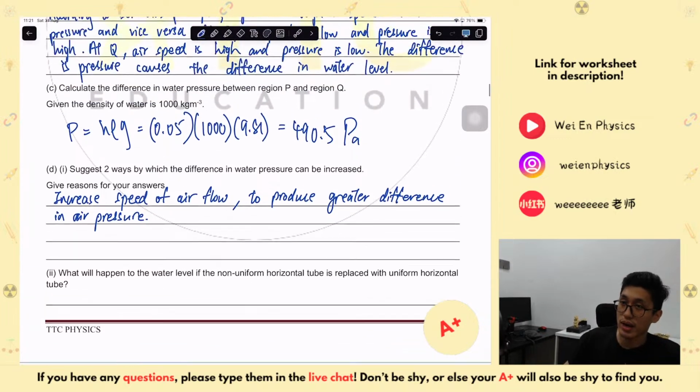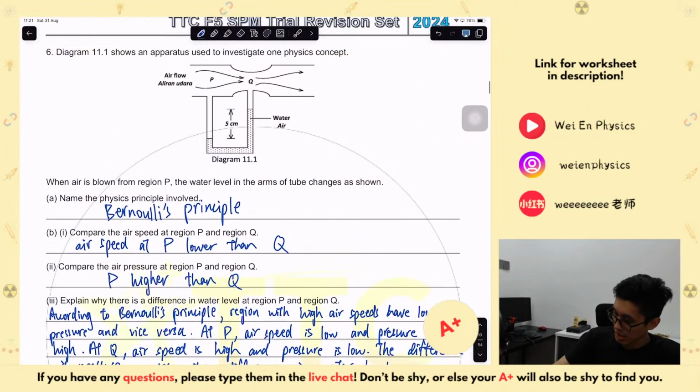The other one is you can make this narrower. Same idea: you make it even narrower, then the air will move even faster.